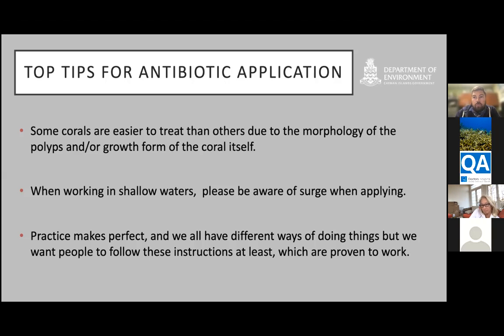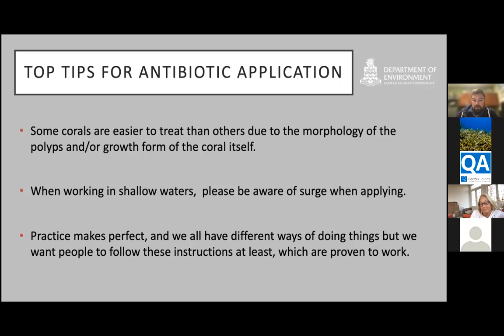But in the field, you may encounter some other corals, especially the great star coral, which I can't point out right now because I haven't got a picture for it, but it was on one of the pictures in the other slide, so you can look back and see that. It produces a lot of mucus sometimes, and it's very hard sometimes to adhere the paste to it. But practice makes perfect, and you just get used to how you do it, and you get better. That's just how it works.